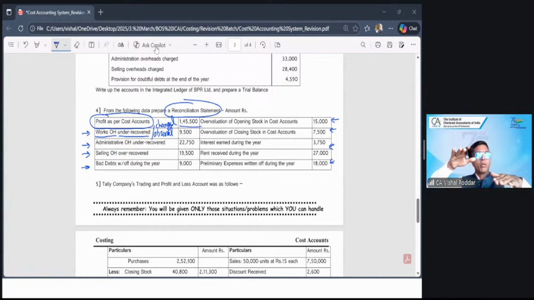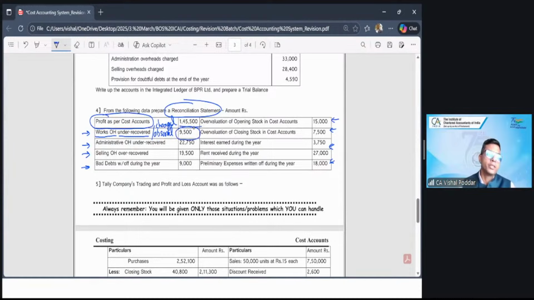So what is the impact of this adjustment on both the profits? Financial profit is less, costing profit is more. Now, once you're able to identify this difference, answering is very easy, because if financial profit is less and costing profit is more, you have to simply come down and you will subtract this. So the answer to this adjustment is that you will subtract this.